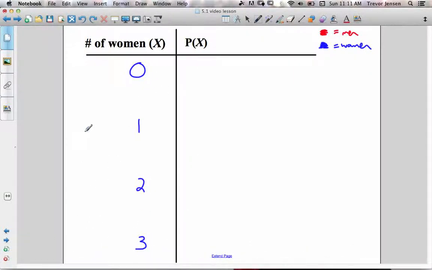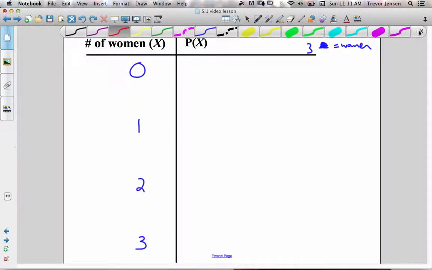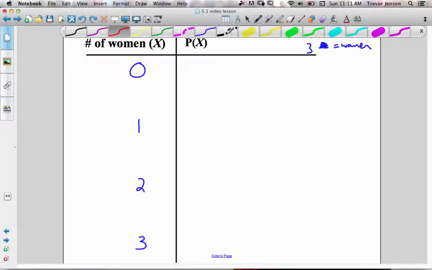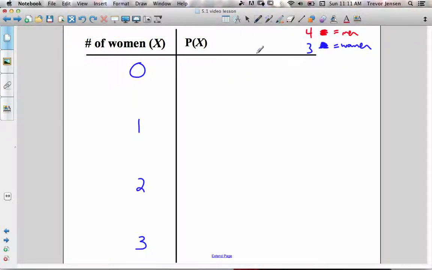Those are all the different possible values that X could take on if X represents the number of women on the committee. Now, keep in mind there were 3 women. I think there were 3. Yep, and there were 4 men. So, if I want to figure out the probability of there being 0 women, that means, and keep in mind I'm making committees of 3, I would have to choose all 3 members of my committee from the group of men.